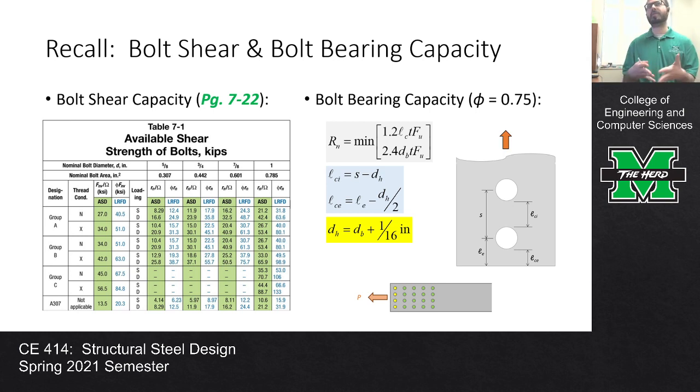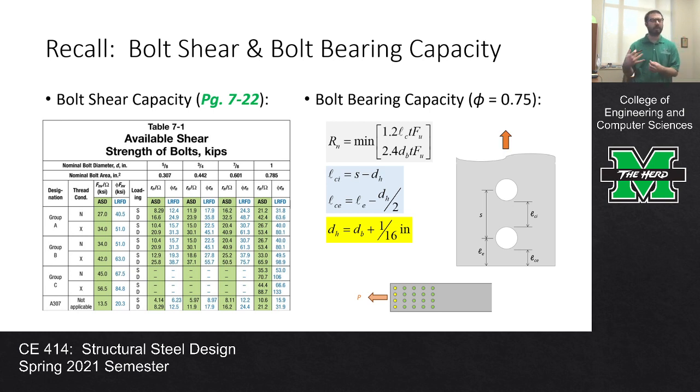We even went through a basic exercise, I think a 3/4 inch A325 bolt in single shear, threads excluded. Then we said there's one of the most valuable design aids in the manual, on page 7-22, that will just tell you the shear strength. We're going to use that today to determine the shear strength of the bolts in a given connection. And then there's bolt bearing.